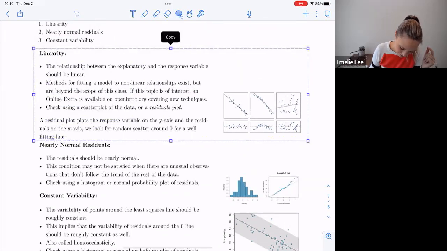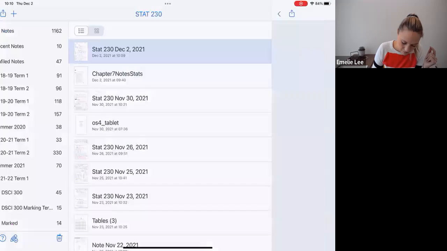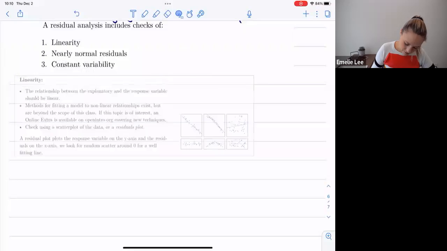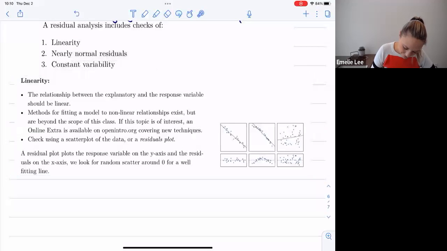It's sort of in that last one. I wanted to talk about constant variability, but how about we just plug through the other ones first? They're a little bit more straightforward.